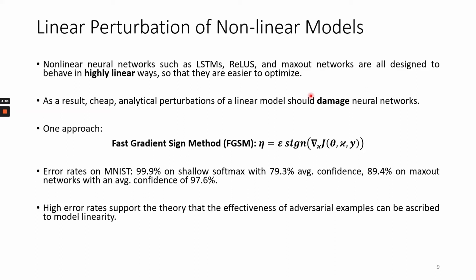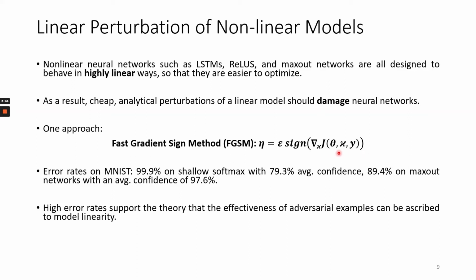One such approach that the authors proposed in this paper is named the fast gradient sign method, which is highly popular and the basis for a lot of other advanced algorithms for generating perturbations. The equation for this perturbation is given here.